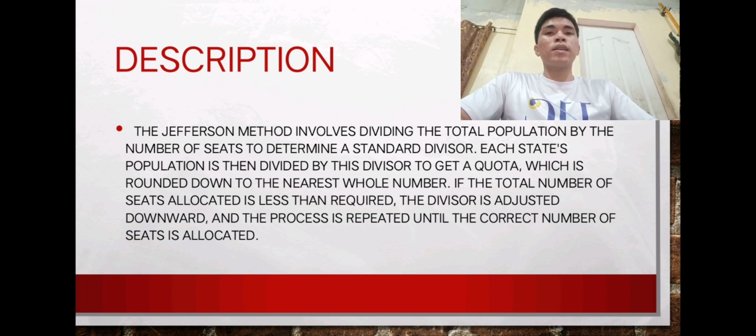If the number of seats allocated is less than required, then the divisor is adjusted downward. And then the process is repeated until the correct number of seats is met or allocated.